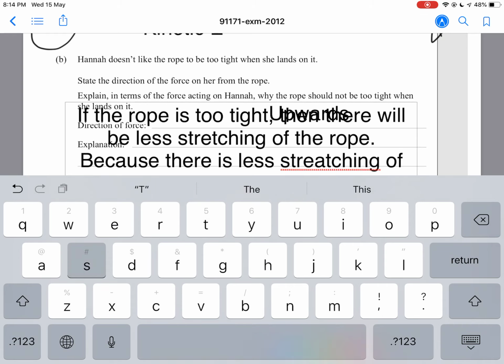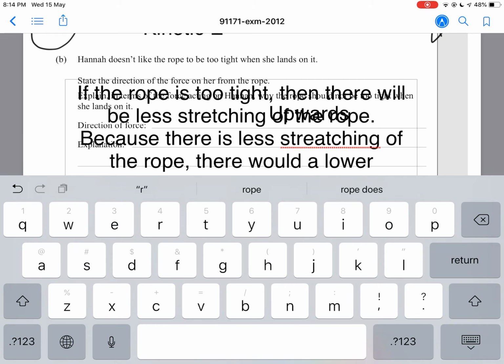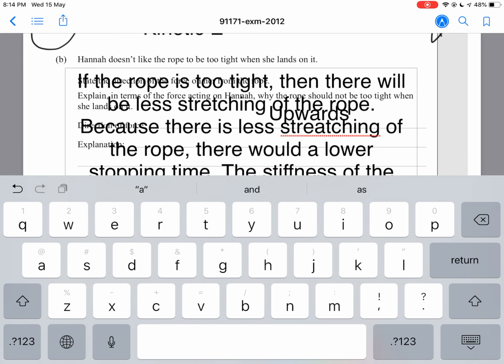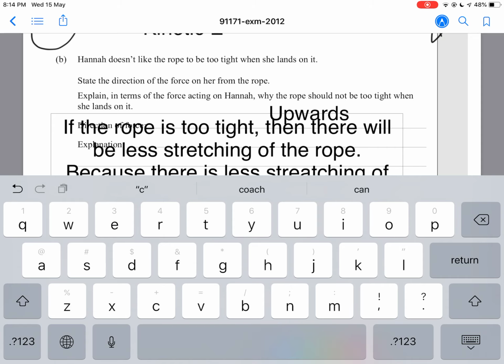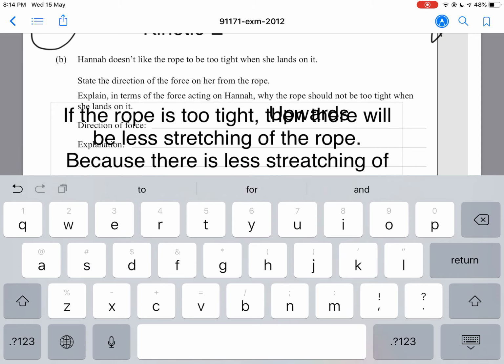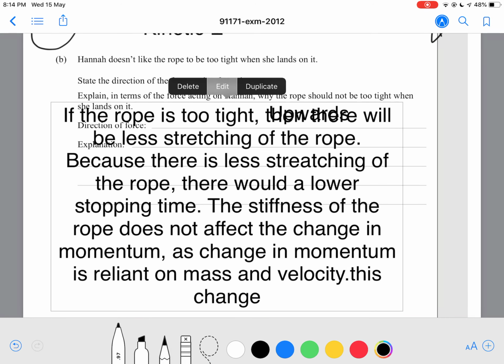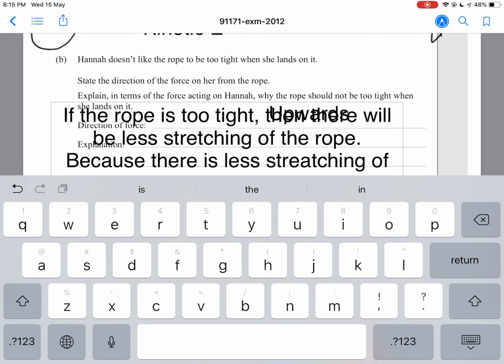The stiffness of the rope does not affect the change in momentum, as change in momentum is reliant on mass and velocity. P equals mv, okay? Because it doesn't affect it, this means this change of momentum is the same.